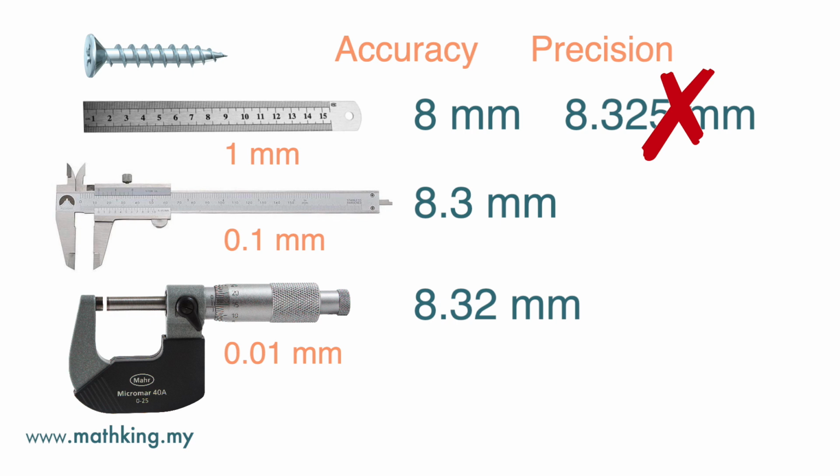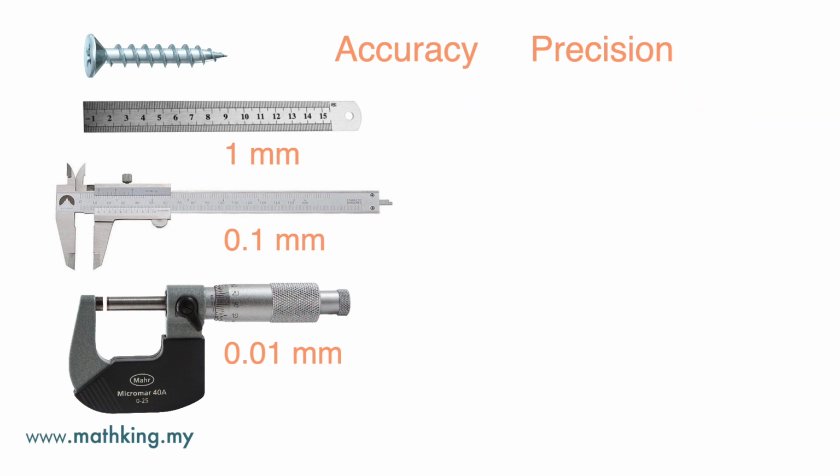If you use a ruler to measure the length of a screw and come up with an answer of 8 mm, it could be 7.9 mm or 8.2 mm. But with a ruler, we are not too sure, so we round it off to 8 mm.